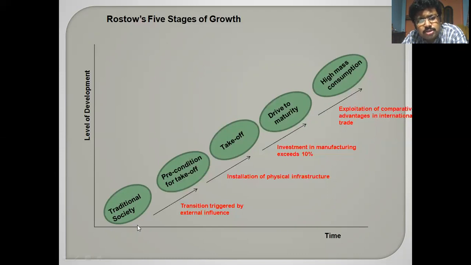Limited technology is there in the traditional society, causing a cog in the wheel of growth for the manufacturing sector.